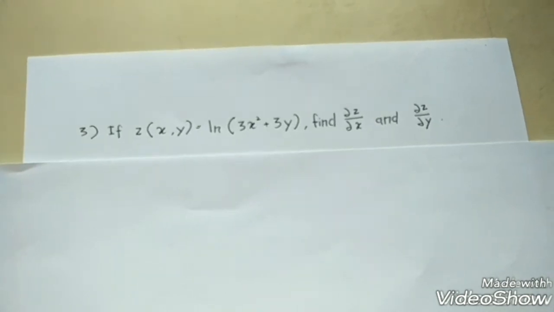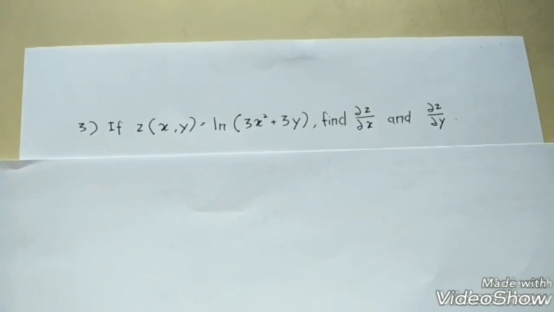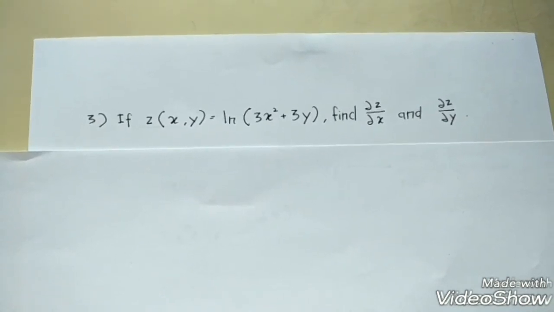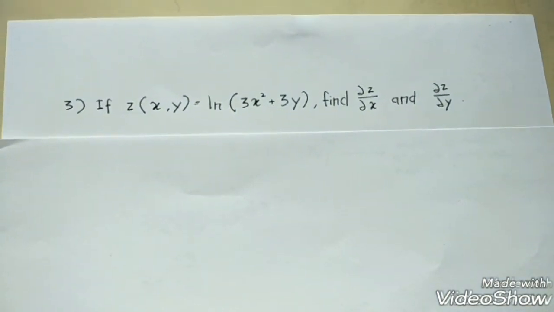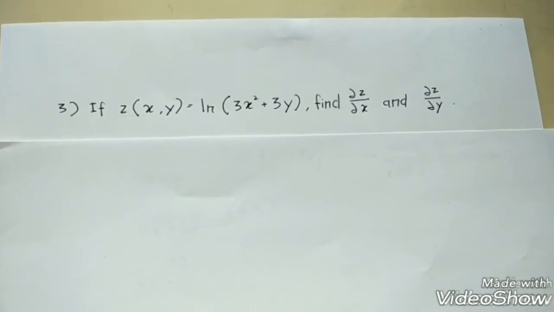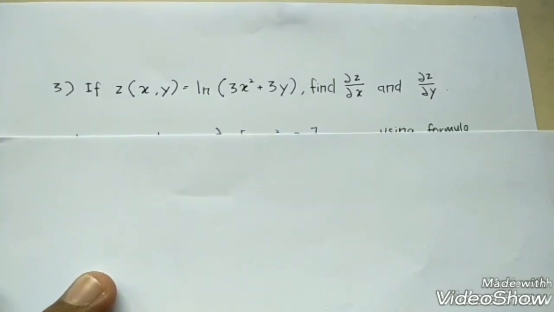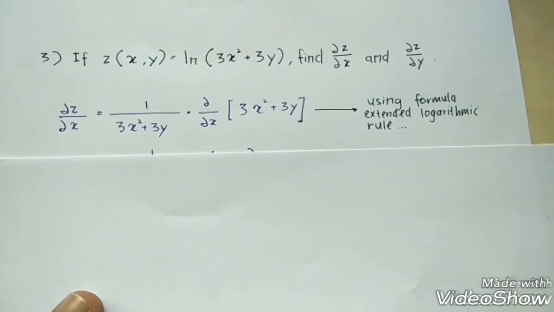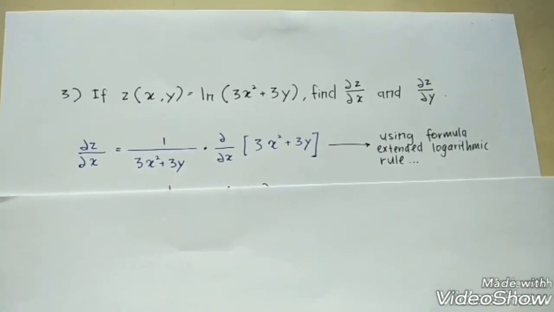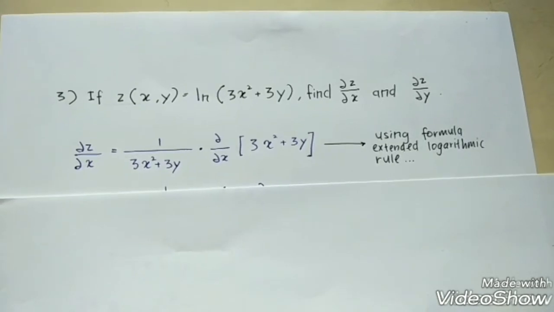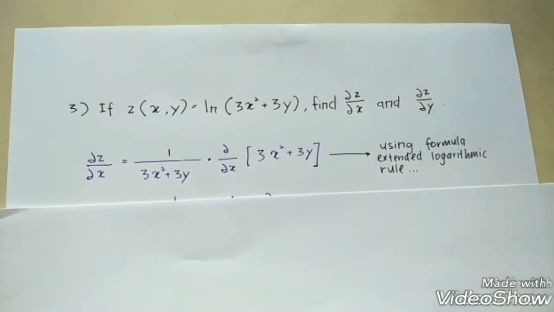Example 3. If z(x, y) equals ln(3x² + 3y), then find ∂z/∂x and ∂z/∂y. To find ∂z/∂x, using the extended rule, we just write 1 over (3x² + 3y) times ∂/∂x of (3x² + 3y).